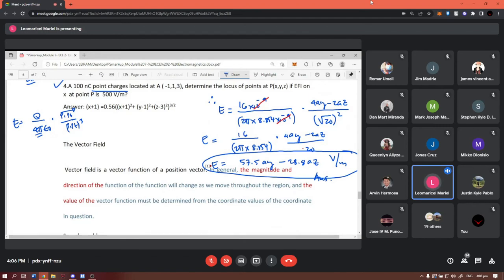Paki-verify kung malapit yung ating sagot doon sa given na sagot. Ano? Same ba?